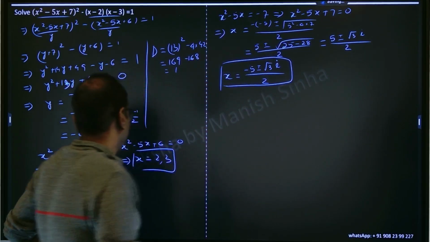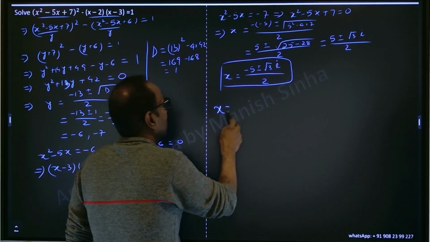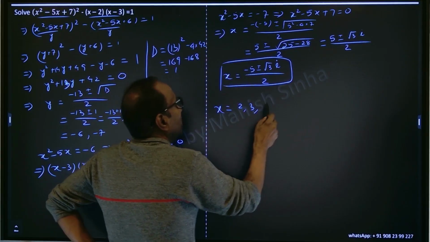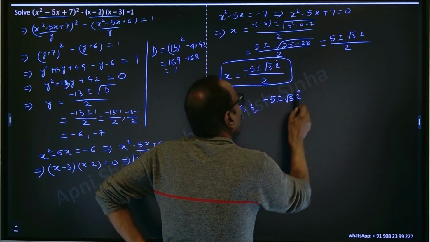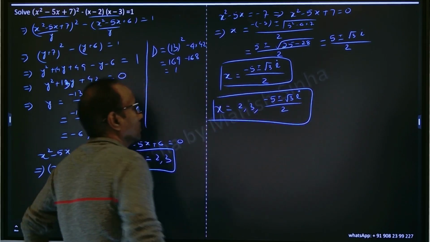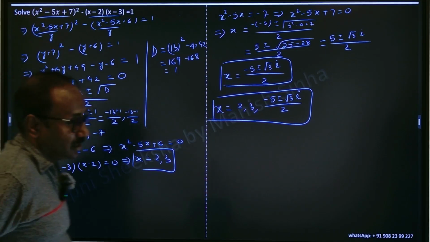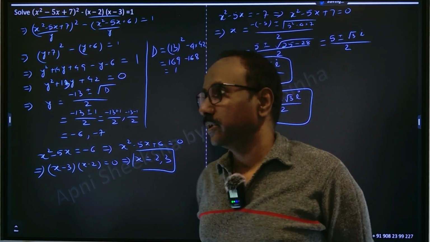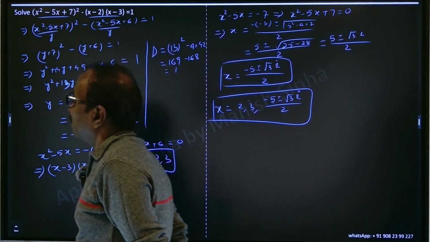So if you integrate all the values together, you can say that the real values of x are 2 and 3, and the imaginary values are these two. You can see that the degree of that polynomial is 4, x to the power 4, and all the coefficients are real numbers.